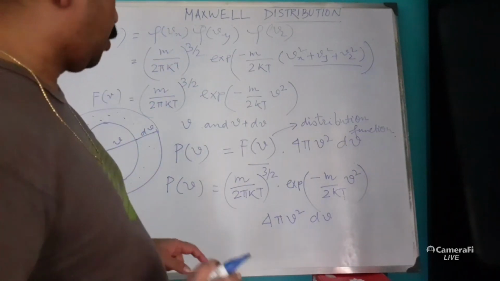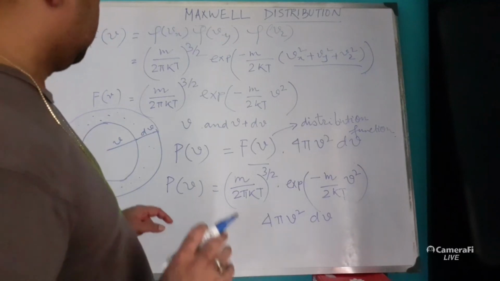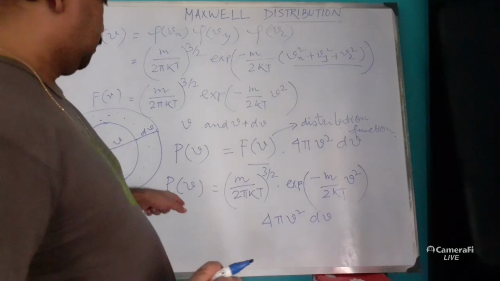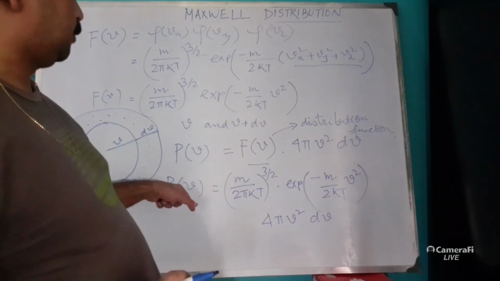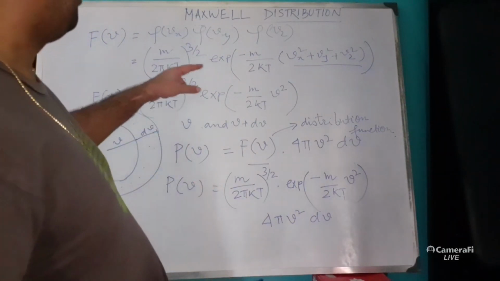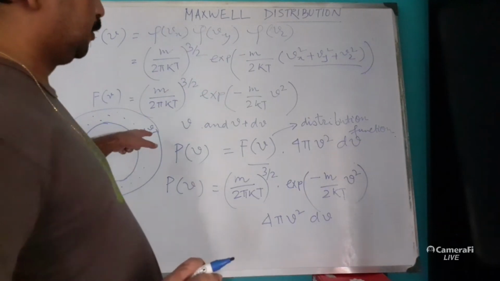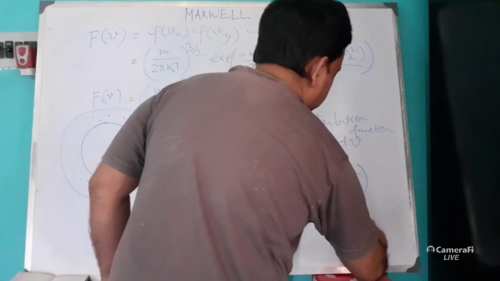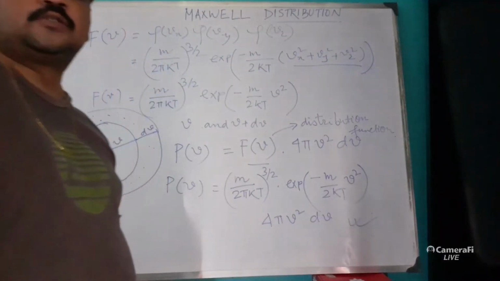There are no non-ideal gases under consideration. So this is the amount of probability that we can get for the number of particles with the velocity range v and v plus dv. So this is your expression. That's all. Thank you.